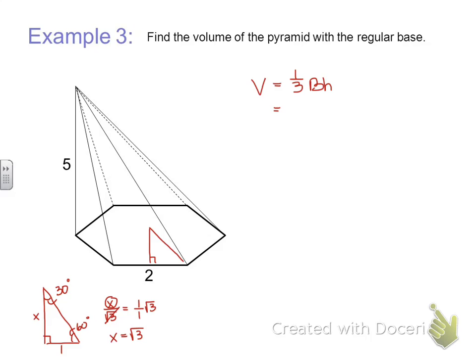But now I need to find the area of everything. So the area of this is going to equal, the area of one triangle is 1/2 of the base of the triangle, which is 1, times the height of the triangle, which is root 3. But how many of those little triangles do I get in the whole entire hexagon? 12 of them, so times 12.